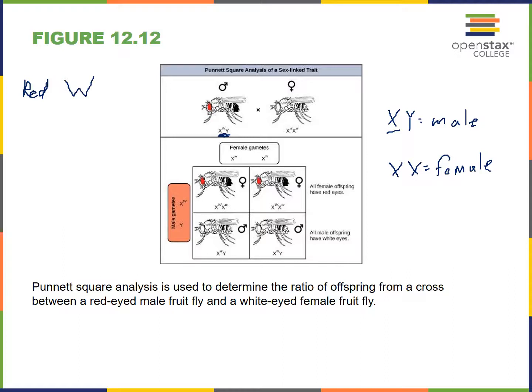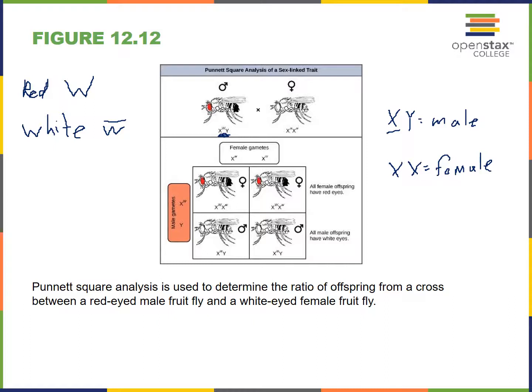Now the eye color you see not very frequently in the wild is white. And so white is a mutant, and they represent that by a lowercase w.